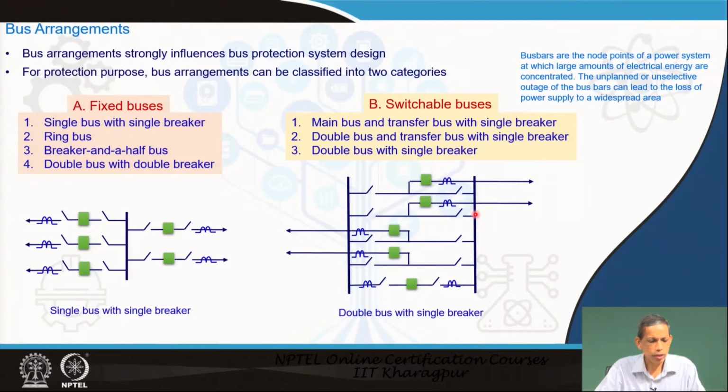The corresponding protection arrangement depends upon whether it is a fixed bus approach or a switchable bus approach. As already mentioned, bus bar protection is critical, and the protection schemes depend upon the particular arrangement of the buses.